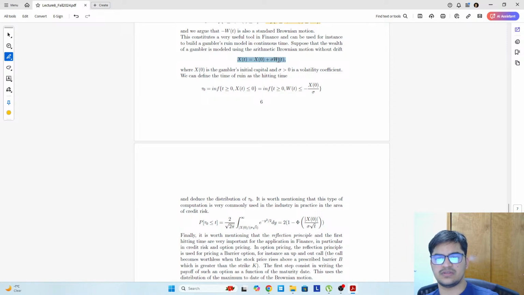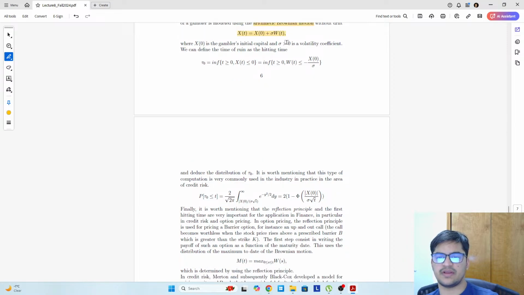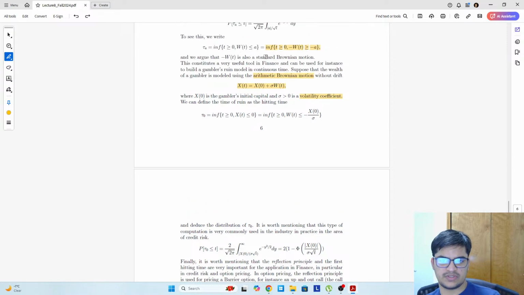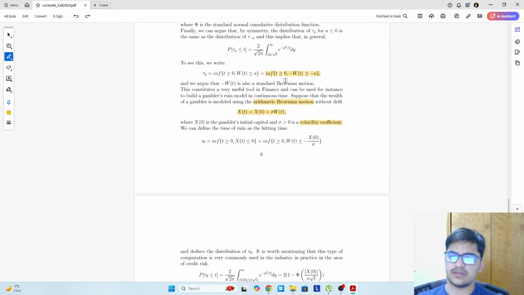This is the equation for arithmetic Brownian motion, where x naught is the gambler's initial capital, sigma greater than 0 is the volatility coefficient, and we can define the time of ruin as the hitting time. And we just got the formula of hitting time as this. In here, our A is x naught by sigma.